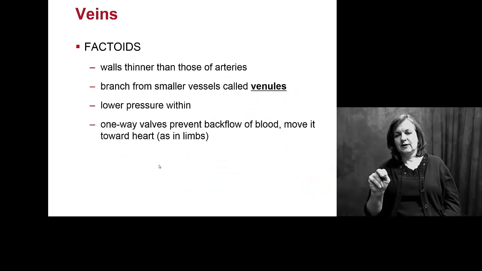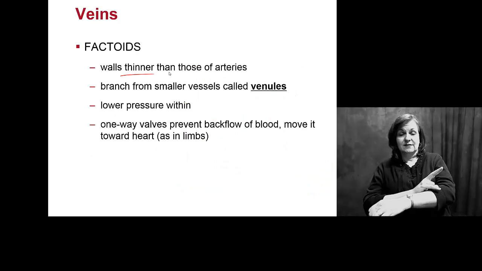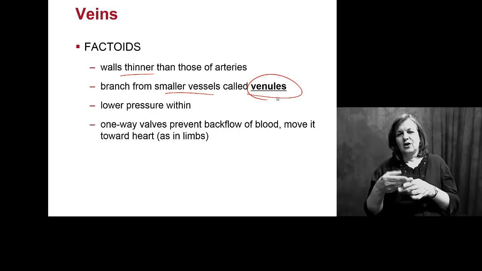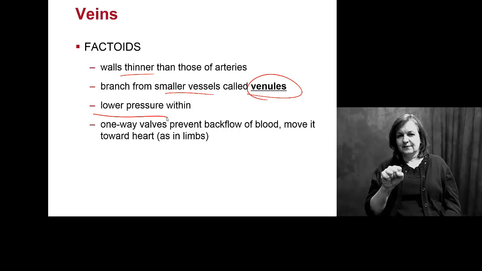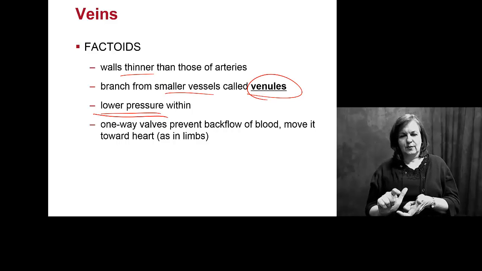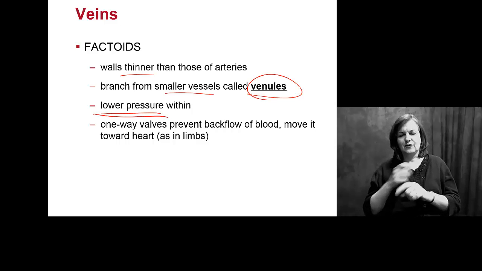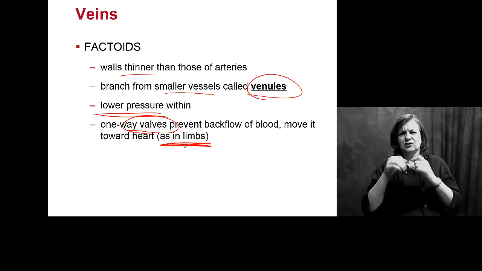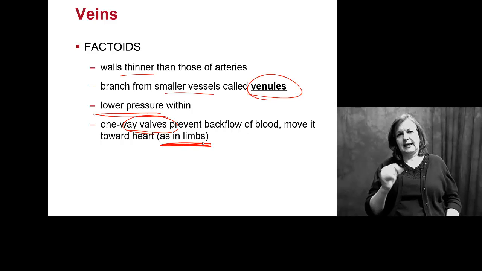For the veins, walls are thinner. We saw that. The smaller vessels are actually known as venules, just to confuse you. Sorry about that. Low pressure, so we can have thinner walls. We don't have to deal with the pressure from the heart. And those one-way valves that we talked about. In particular, in your limbs, your extremities, your legs.